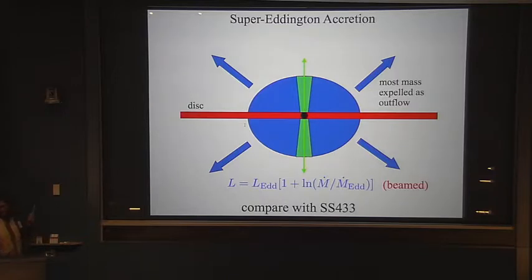Okay? And of course, in this case, you have some beamed radiation that's coming out. So the kinds of objects that you could infer are likely undergoing super Eddington accretion.